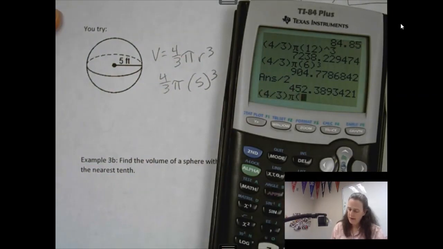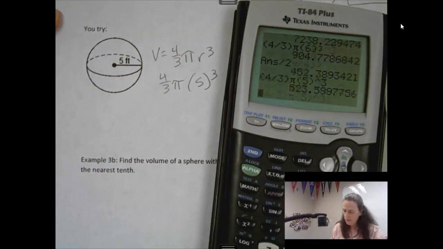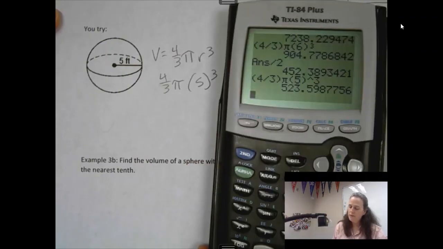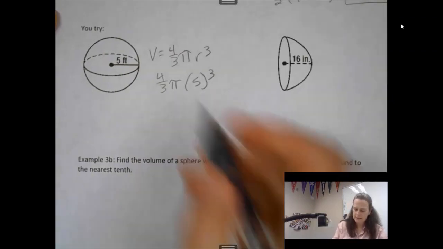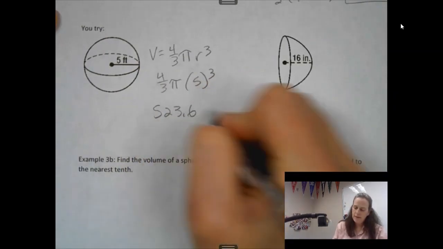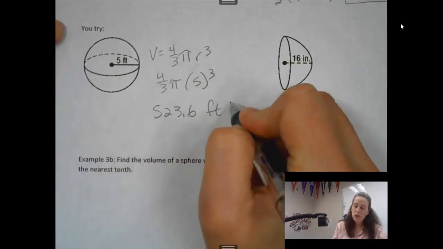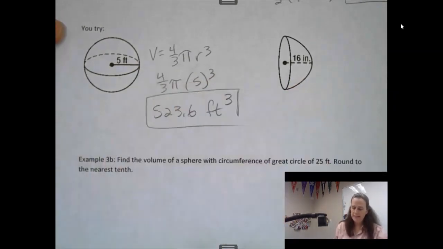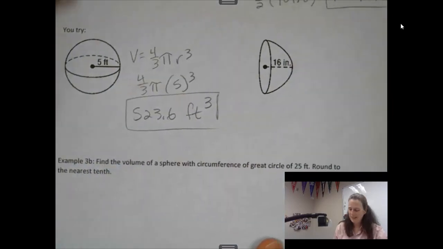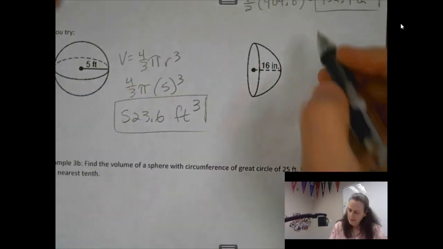Pi 5 cubed. Did you get 523.6 feet cubed for that sphere? Perfect.